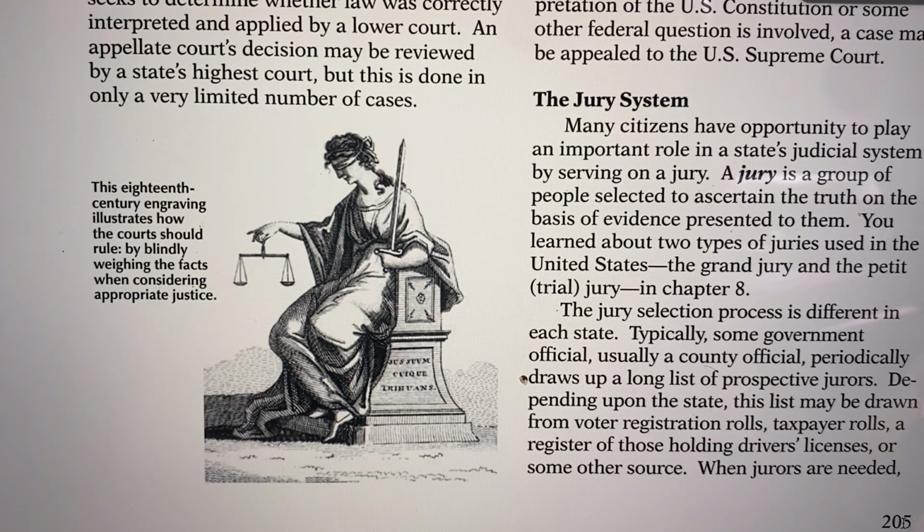Driver's license, taxpayer rolls, and voter registration are the three ways they can get your name to be on a jury list. So almost everyone will have a chance in their life to be on a jury if they get chosen.